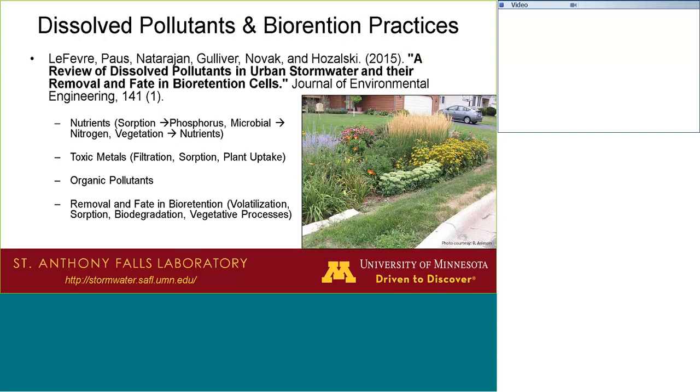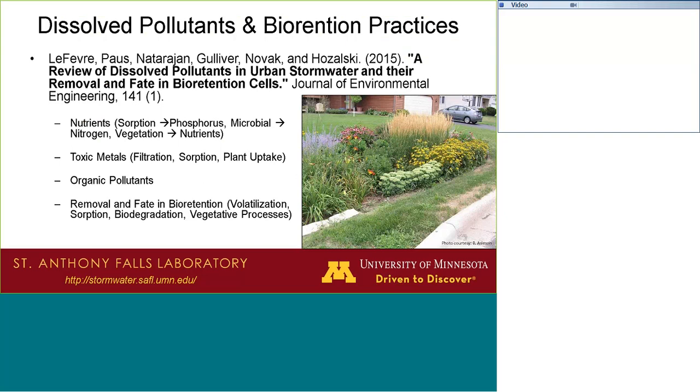Now, if you want to find out more about the research that's been done on bioretention in general and phosphorus, as well as many other pollutants, in stormwater specifically, I highly recommend this review article. That was done actually by faculty and students and staff at the University of Minnesota. It was published in 2015. This is pretty heavily cited and cites many studies over the last 10 or 20 years.